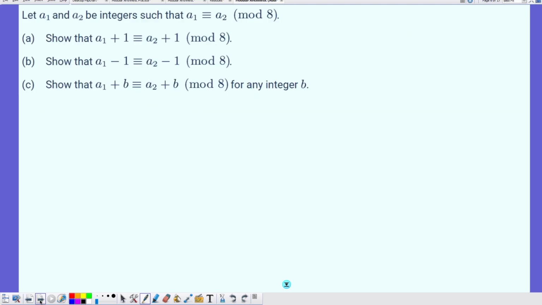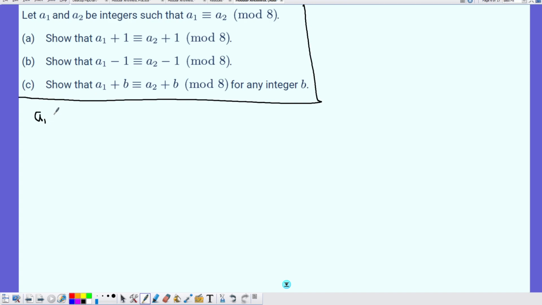So, we want to show that a1 plus 1 is congruent to a2 plus 1 mod 8 for the first part. We can assume that this is true, and by assuming that that is true, we get the following.